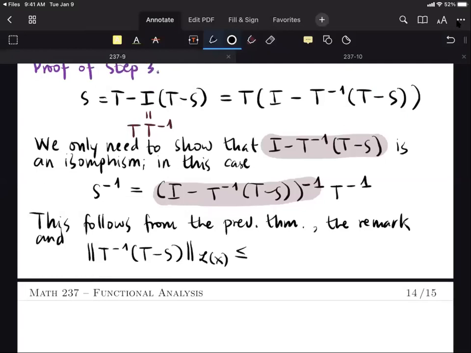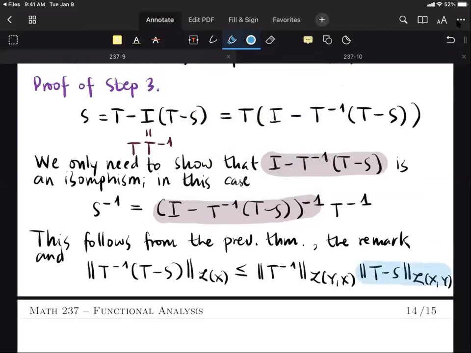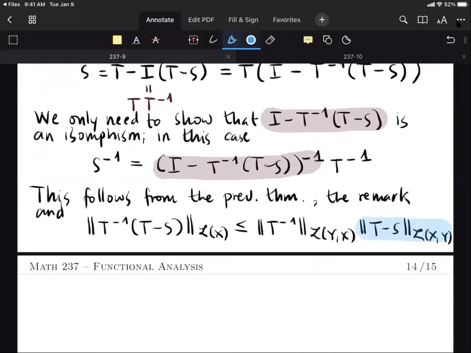If you apply the multiplicative property, this is the norm of T inverse times the norm of T minus S. And we have an assumption for this. This one is less than this quantity. So if we multiply both sides, this is strictly less than 1.